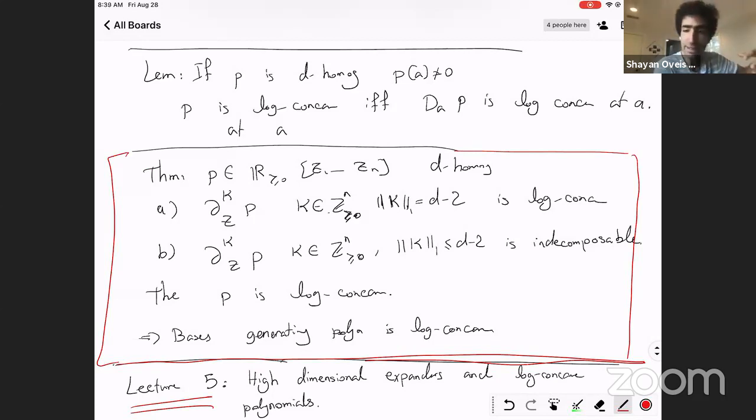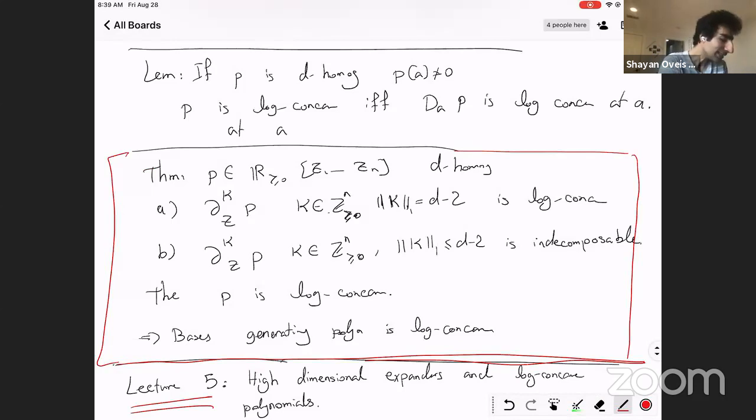You want that thing to be log concave. That's the first property. The second property is that any number of times you take partial derivatives before getting to a degree 1, if the degree remains at least 2, you still get an indecomposable polynomial.